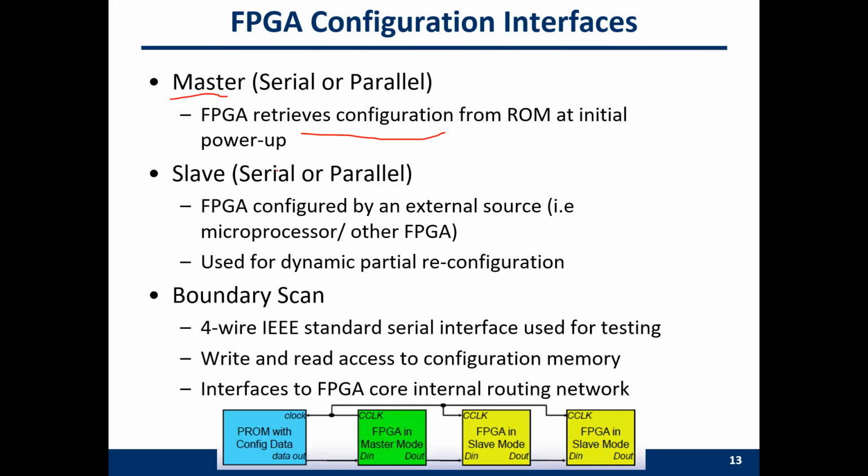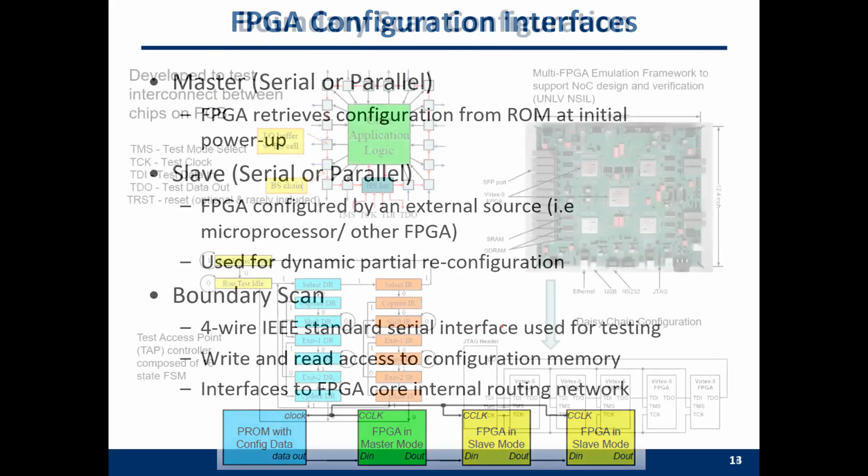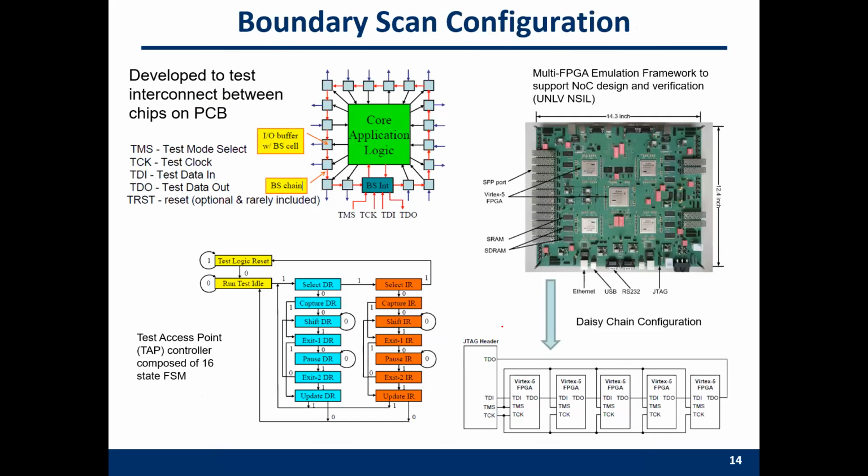So we have some IEEE standard interfaces for the reconfiguration and the testing. Here is one example of the interface, boundary scan configuration. It can be used to configure your FPGA, or it can be used to test some part of your FPGA too.